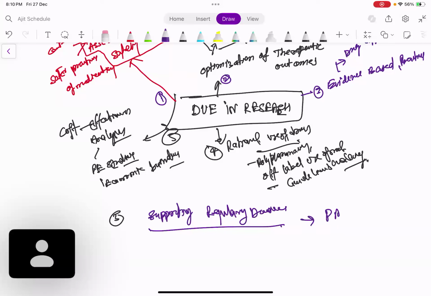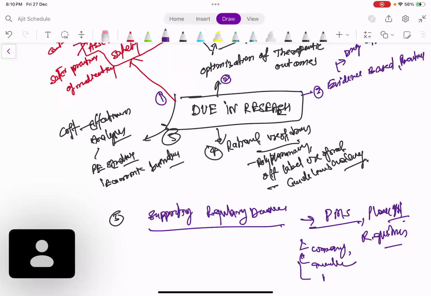Simple: PMS, post marketing surveillance. Post marketing surveillance studies, or phase 4 clinical data assessment registries, that kind of studies can be done, where you can again work on the warnings, the availability of the drug, and the health related quality of life.